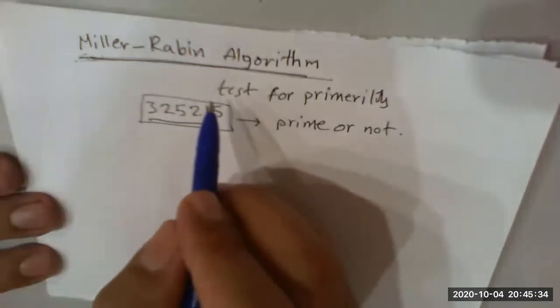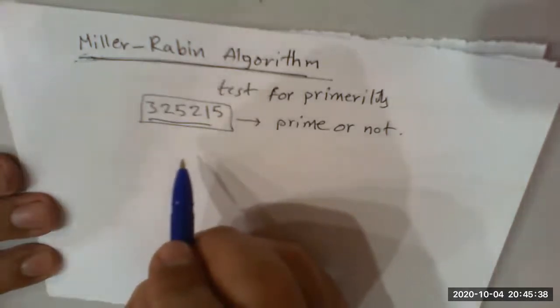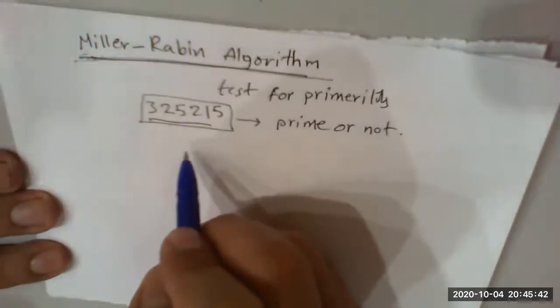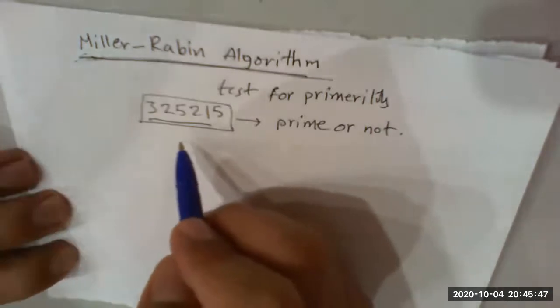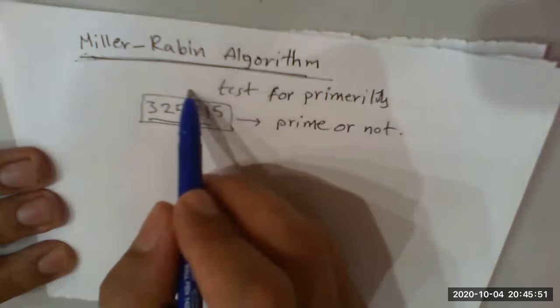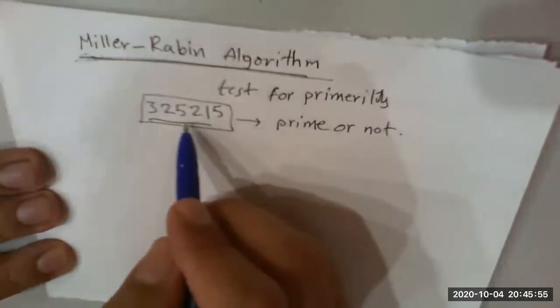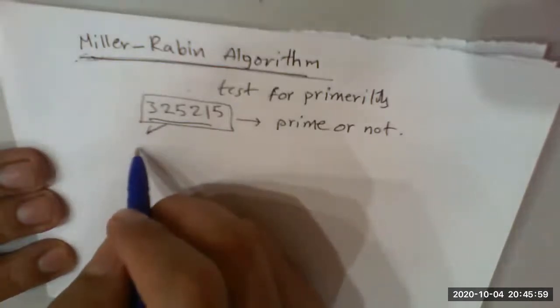But it doesn't give us an accurate answer. It just gives us a probability because a big number is very hard to test for primality. Many other algorithms tried to test for primality, but Miller-Rabin has different versions that can give an accurate answer for testing if this is a prime number or not.